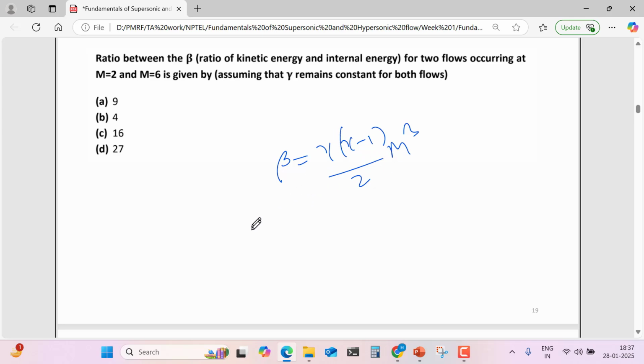If gamma is constant, then the ratio will be given by the ratio of the squares of the Mach numbers. One Mach number is 6, another is 2, so it will be 9.